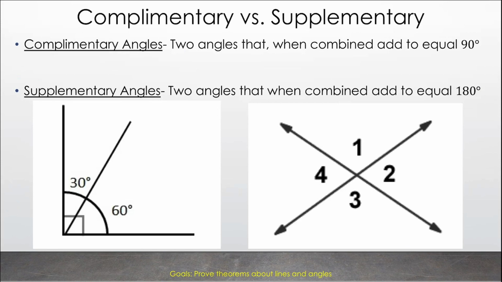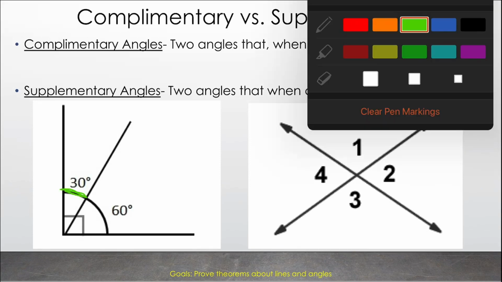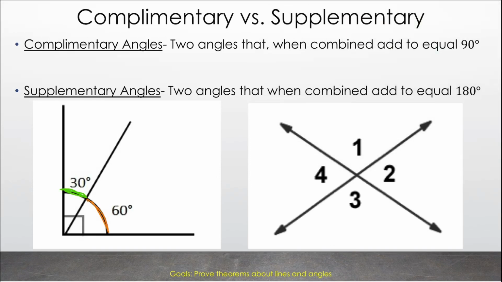Complementary versus supplementary, we kind of talked about this earlier. Complementary angles are two angles that when combined add to equal 90 degrees. So right here, I have this angle, 30 degrees, and this angle, 60 degrees. They add to 90. We say those are complementary to one another.